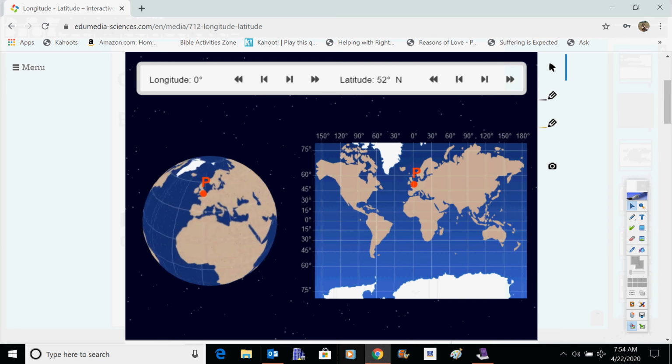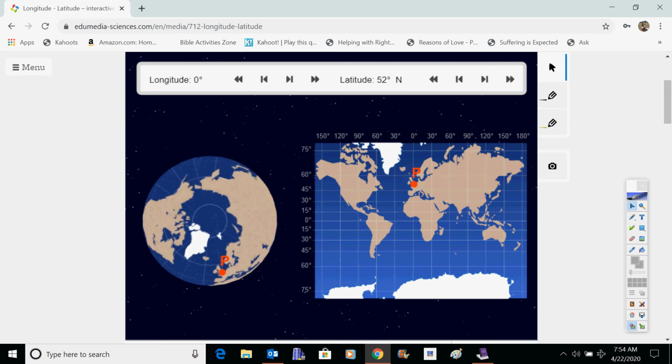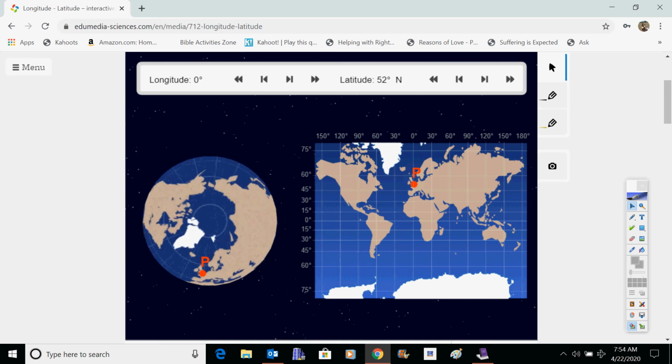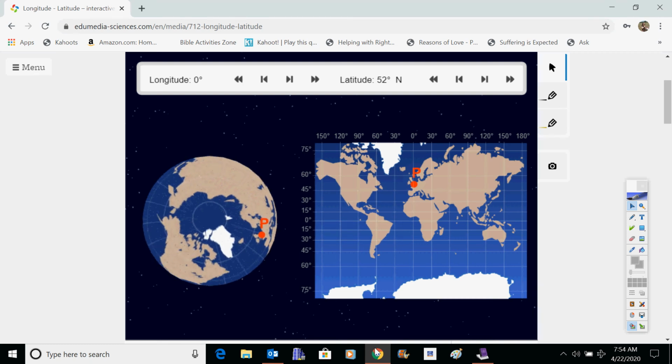Now what's very interesting is that if you bring this around to the complete opposite side of the world, you're heading along the great circle.